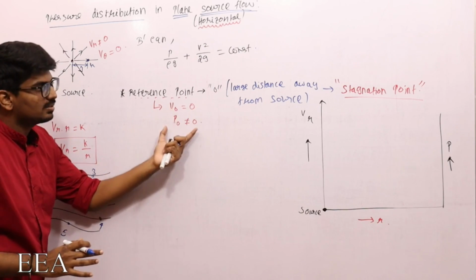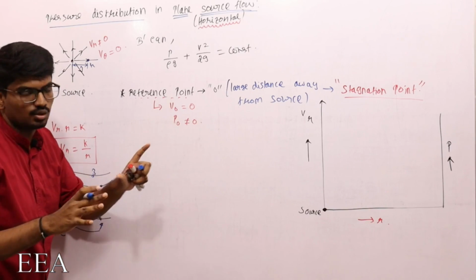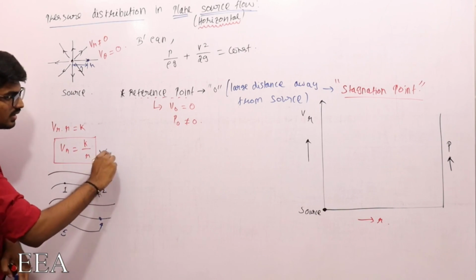But only the velocity becomes zero, the pressure is not going to become zero. So P naught will not be zero, but the velocity will be zero. Why is the velocity zero? From this consequence.